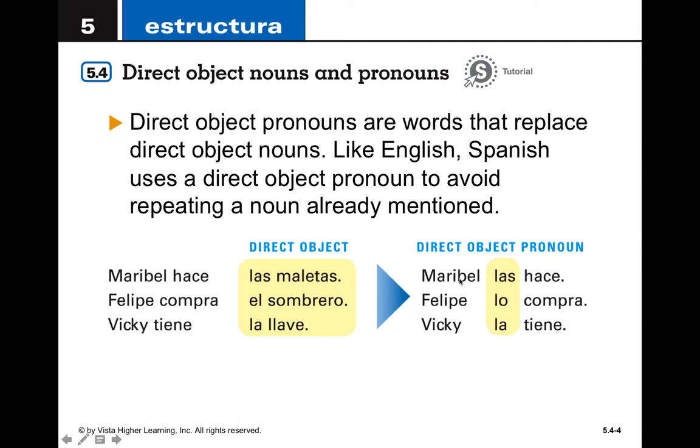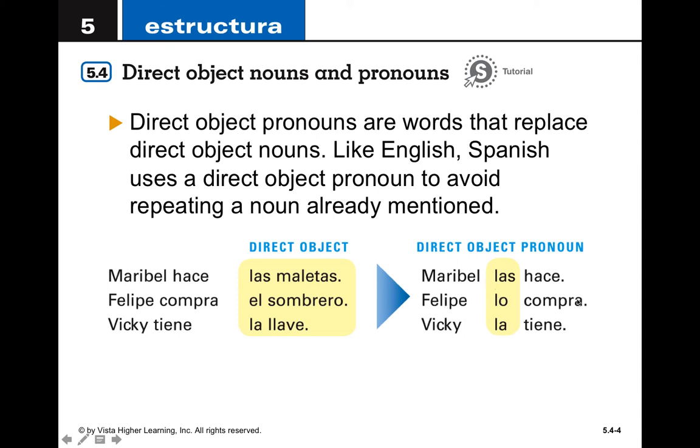And we want to just say Maribel packs them. That's how we would say it in English, right? Maribel las hace. So you notice that the las replaces las maletas. Felipe compra el sombrero. So if we don't want to mention el sombrero again, we say Felipe lo compra, it, right? So Felipe it, he buys.